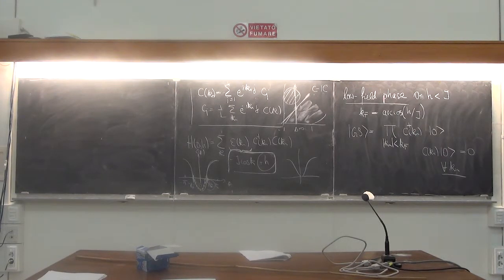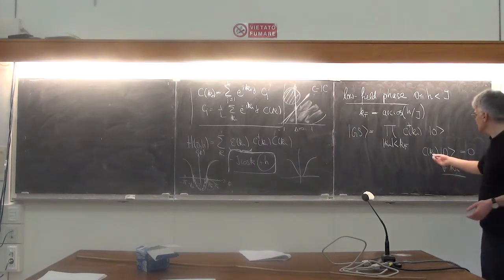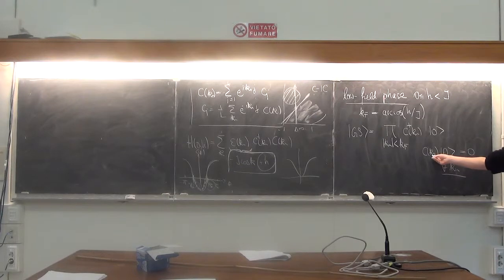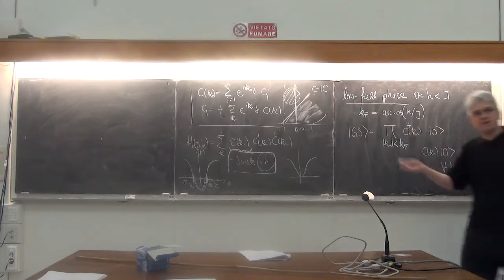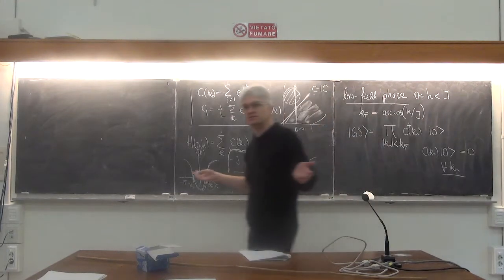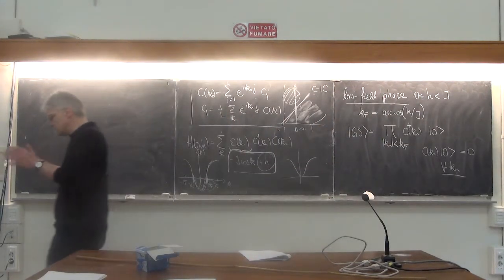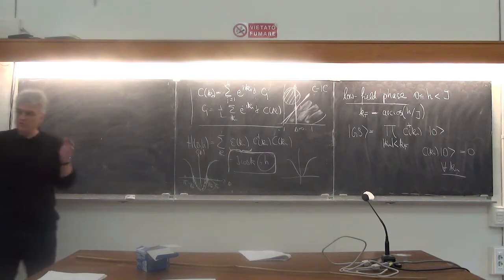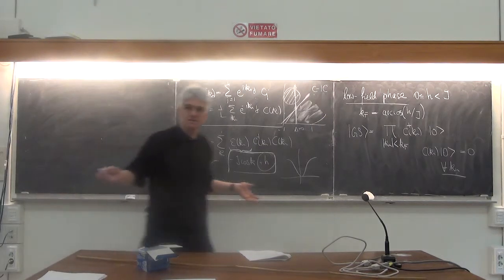Well, what I've written there is really ill-defined. You should have stopped me. Which k_n do I put here? How many vacua do I have? We have either periodic or antiperiodic boundary conditions, and for each boundary condition I get a separate set of fermion creation and annihilation operators.